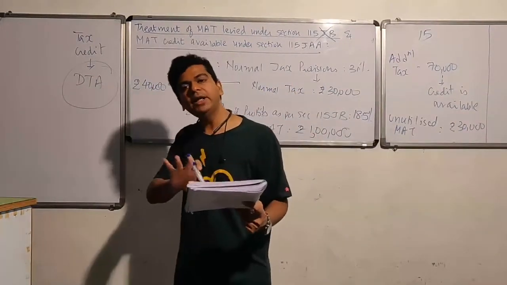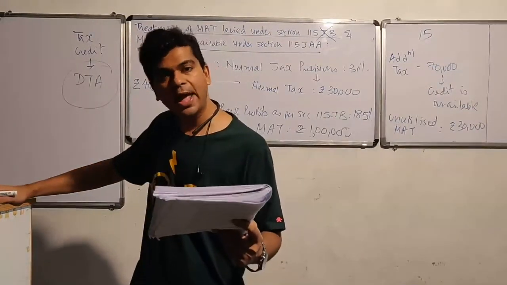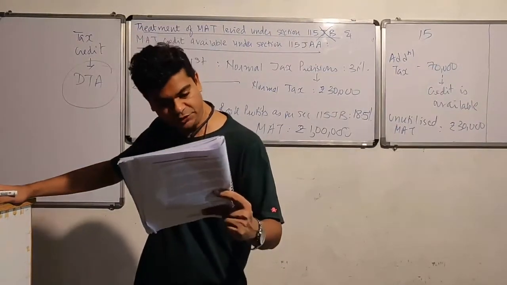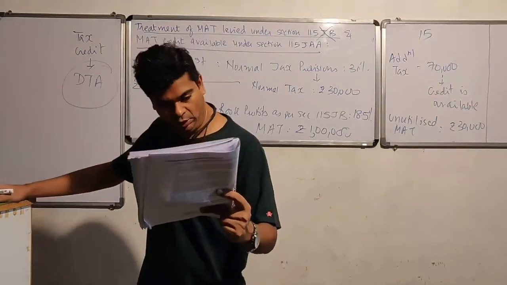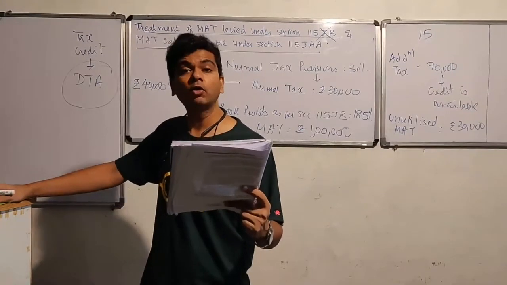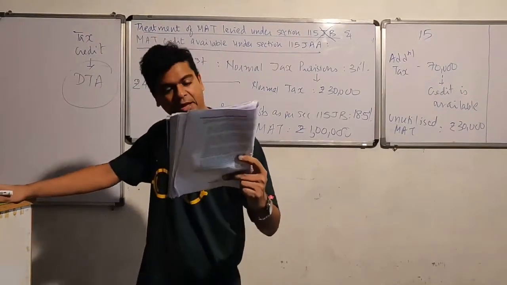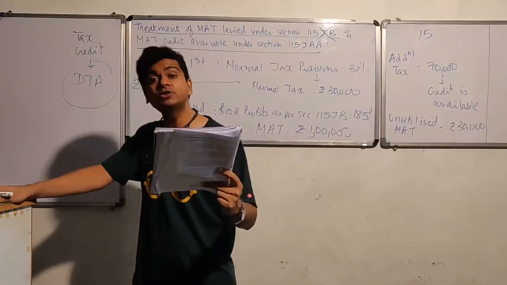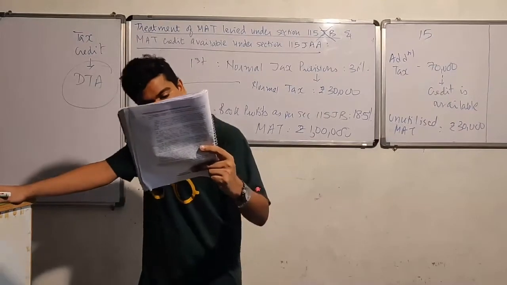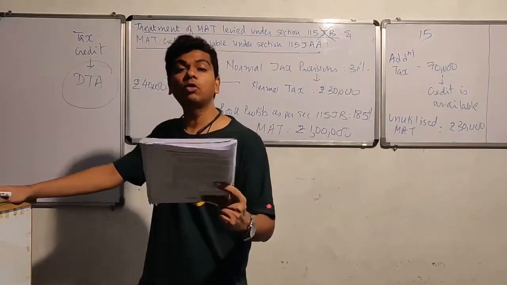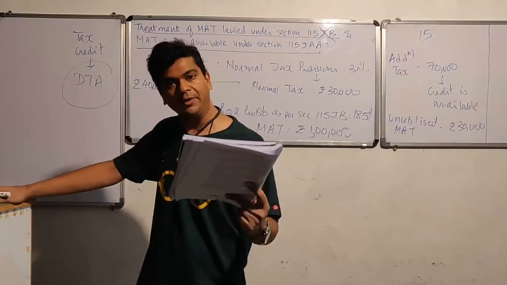So as far as Ind AS 12 is concerned, we will be presenting the MAT credit available as a deferred tax asset. So when you prepare your balance sheet on 31st March 2017, show 9.75 crores as deferred tax asset. And yes, if I compare 9.75 and 8.5 crores, which is the opening balance, I can argue that 1.25 crores of additional credit is going to be available in the current year.